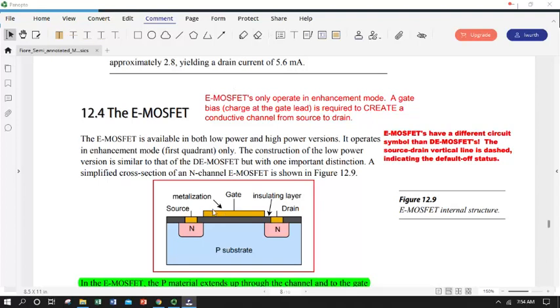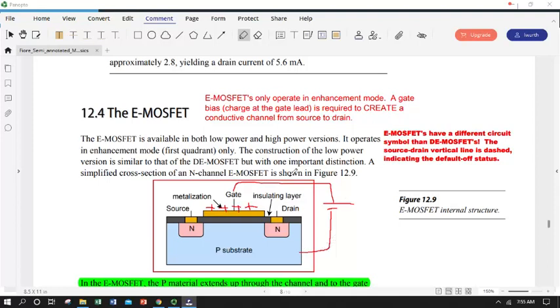In this case, we're going to use the fact that we can charge our capacitor and create effectively an area of opposite charge on the other side of our metal oxide insulator. So we're going to hook this gate up to the positive side of a biasing battery.